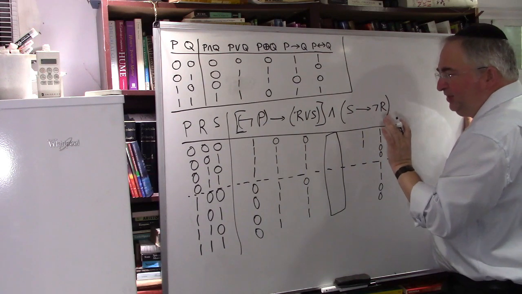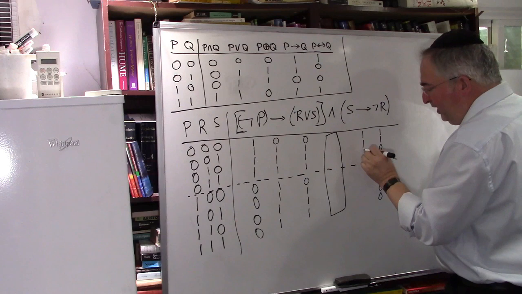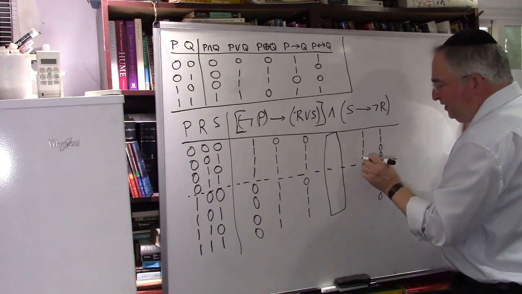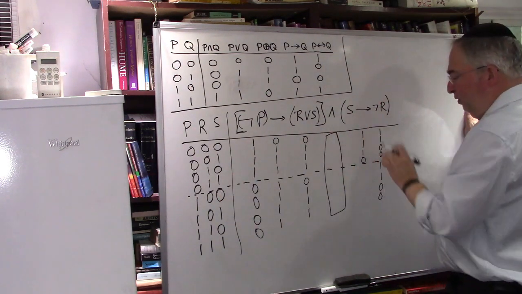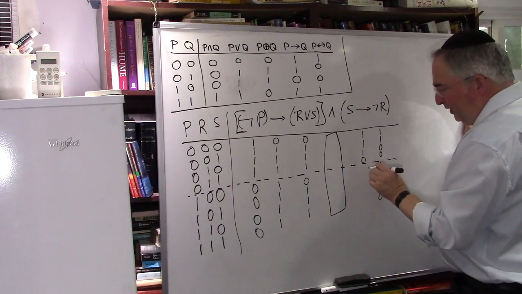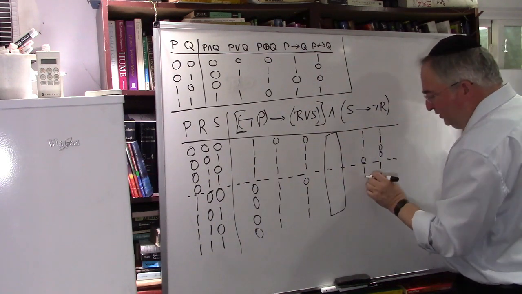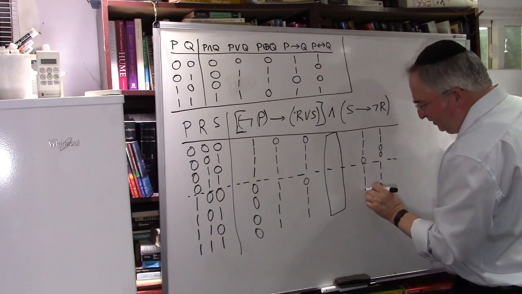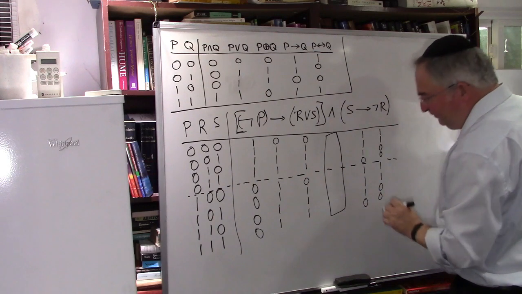Lazy evaluation, my favorite word. 0 arrow anything is 1. 1 arrow 0 is 0. 0 arrow 1 is 1. 1 arrow 1 is 1. 0 arrow, I don't care what, is 1. 1 arrow 0 is 0.